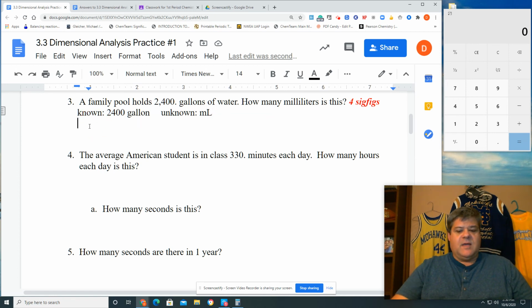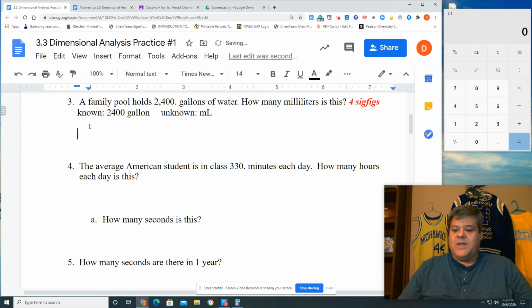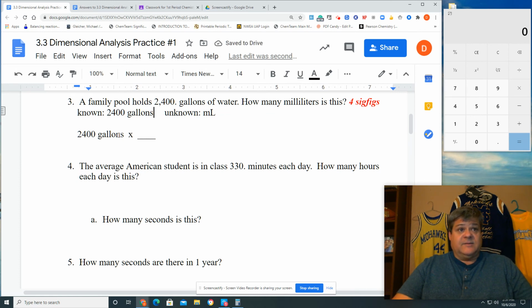As we come back over here, we're going to put what we have in the problem: 2,400 gallons. Then we're going to put our handy dandy times and a line. Now we have to determine where we're going to put things. We're going from gallons to liters, and we have to cancel out gallons.